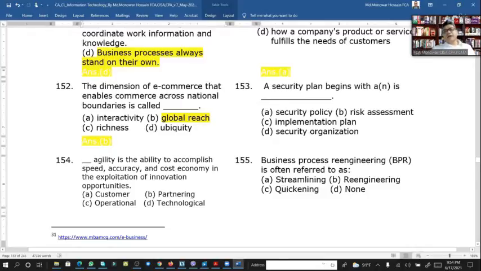A security plan begins with risk management.